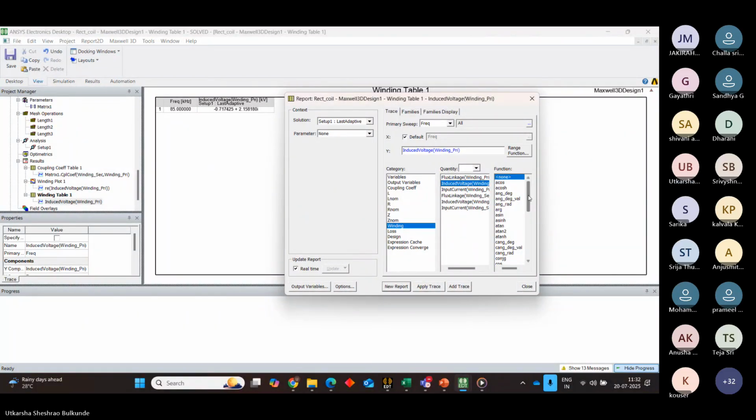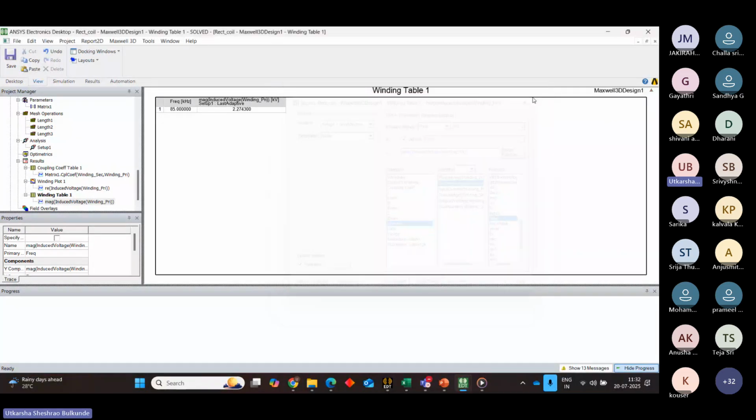Magnitude. So when you see your magnitude, you are getting it for some current and all, but like this is IXL, right?